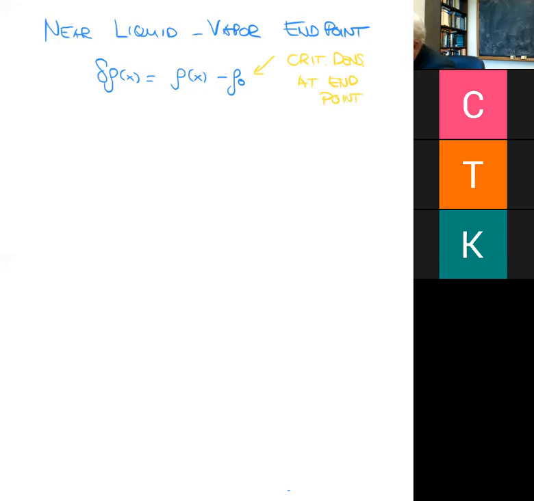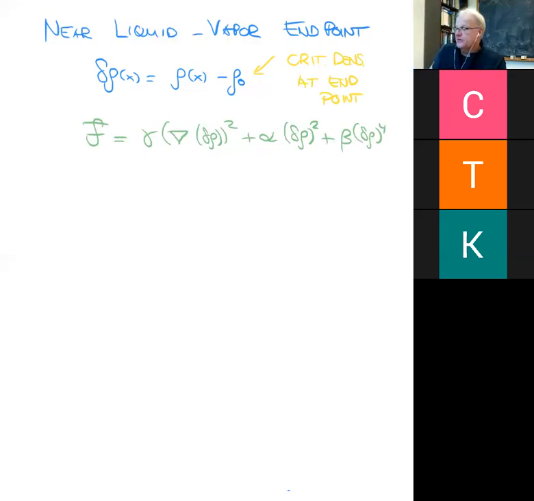And then you have a free energy functional like so. And this functional will then have solutions that have exactly the same form as the ones we just discussed. So there will be some kind of solution where this is now delta rho of x.